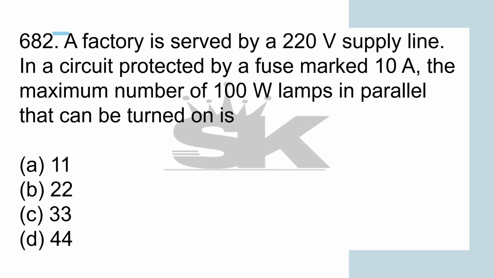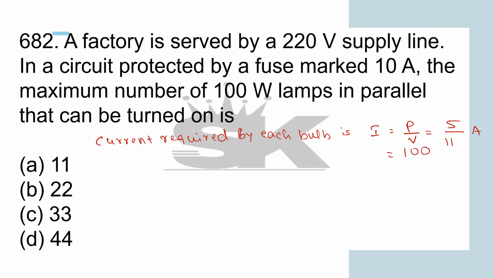The current required by each bulb is I equals P by V, that is 100 by 220, which cancels and turns out to be 5 by 11 amps.